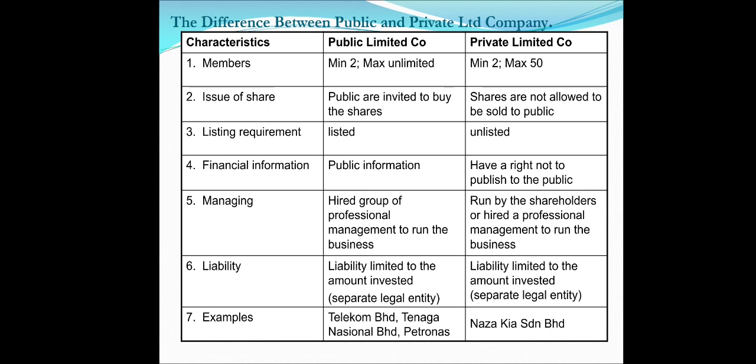Now, why do you think you have to know the types of businesses? Firstly, businesses can be categorized into service business, merchandising business, and manufacturing business. The second category is sole proprietorship, partnership, and companies. Why do you have to know this? Because you have to be aware that accounting records for different types of businesses are different.